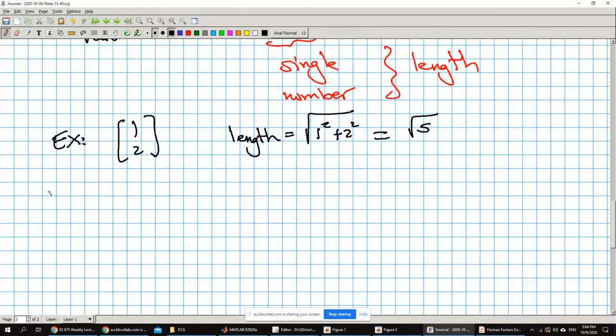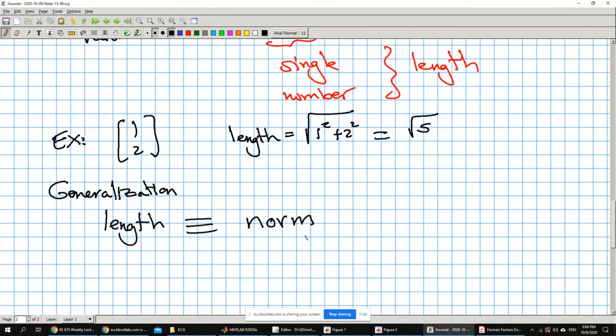Basically, there is a generalization of that. Okay, first of all, length in linear algebra is basically termed norm. Have you heard of this term before? The norm of a vector?